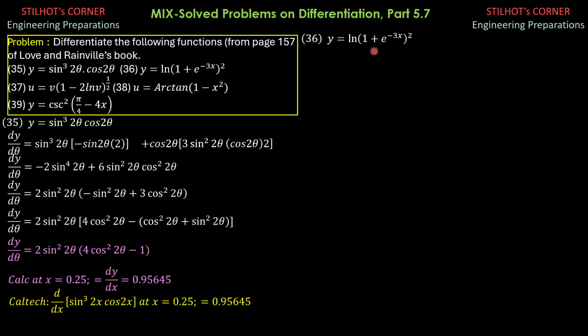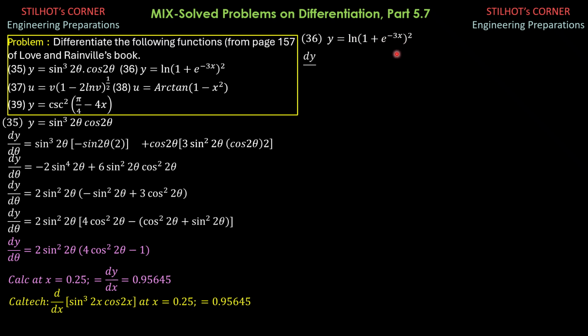So y is ln of 1 plus e to the negative 3x quantity square. So imagine this is the u. So dy dx is 1 over u, remember, and times derivative of u with respect to x in the numerator.